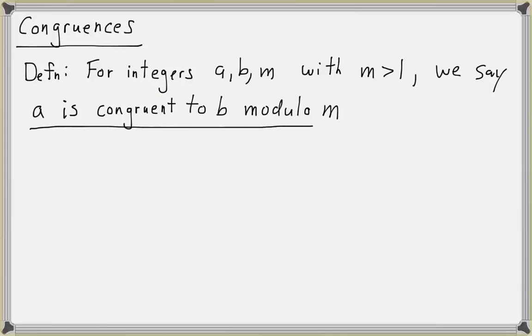So a is congruent to b mod m if m divides a minus b.